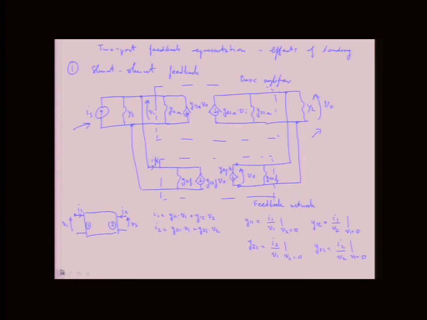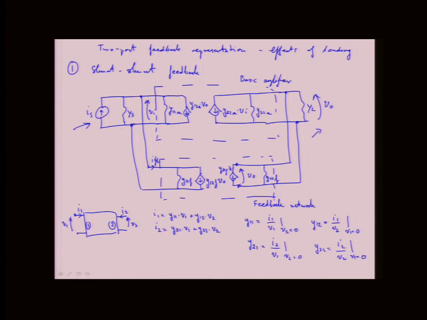Notice that YS, Y11A, and Y11F are all in parallel with each other, so the admittances sum together, and voltage VI is the voltage that applies to these admittances. So that determines the current that flows through all these admittances.